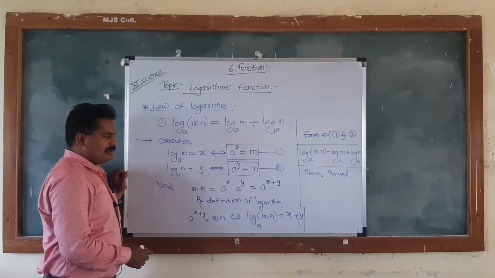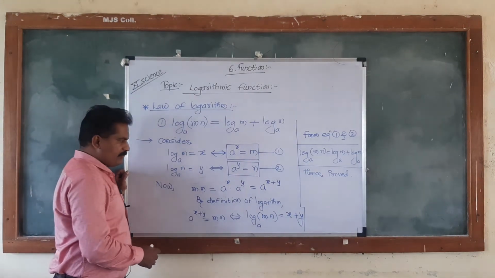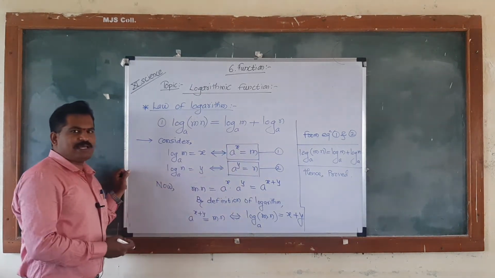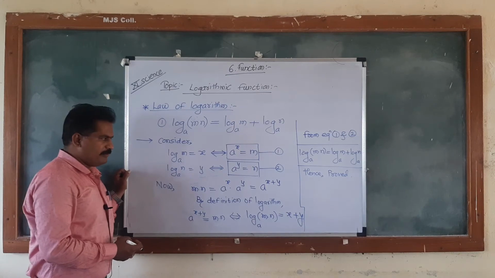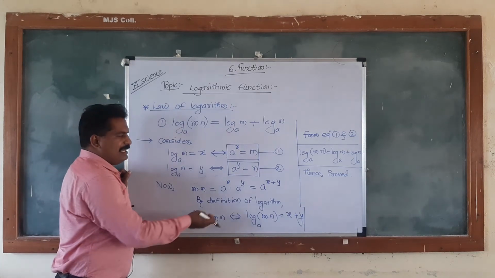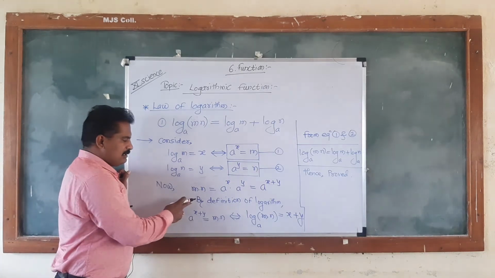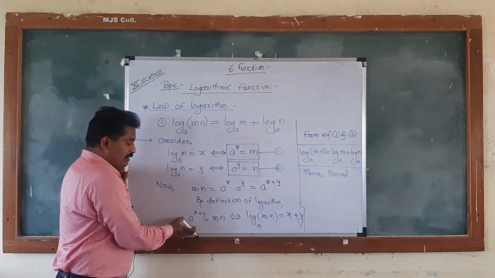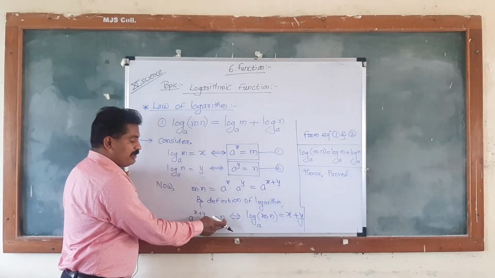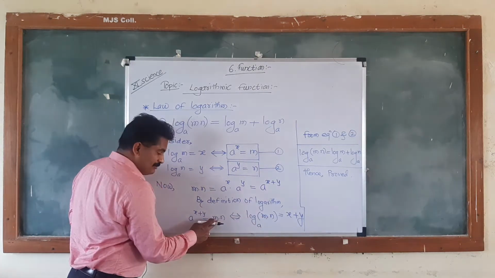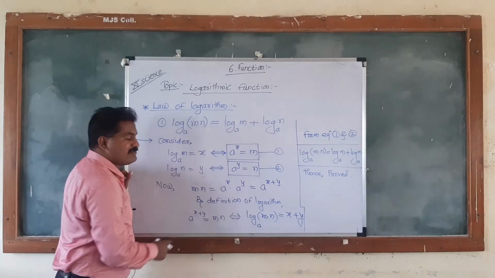We know the law of indices: when a raised to x and a raised to y are combined by multiplication, we get a raised to x plus y. Then by the definition of logarithm, if a raised to x plus y is equal to m into n, it gives log of m into n to the base a is equal to x plus y.